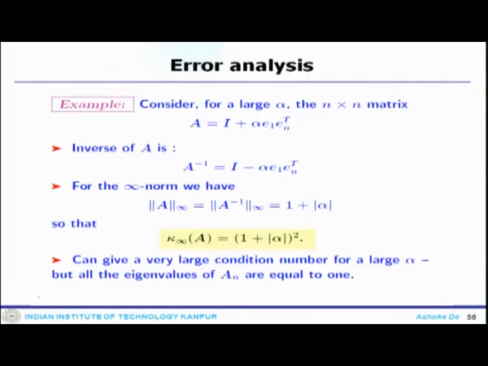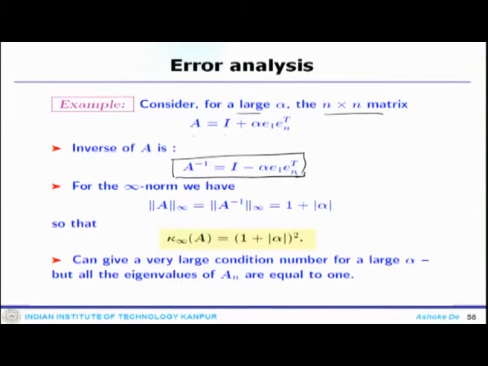One can again take a simple example and try to see what it means. Take a large alpha for an n by n matrix such that A equals I plus alpha times e1 e_n transpose. The inverse of A, if you find it, will be I minus alpha e1 e_n transpose.